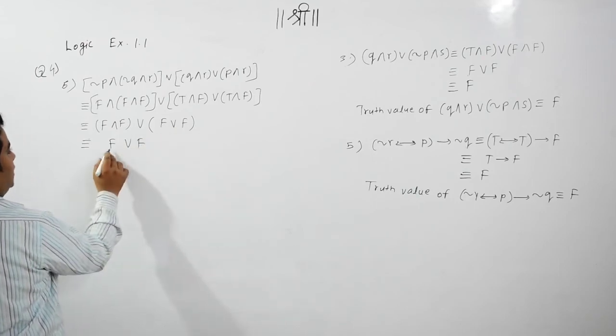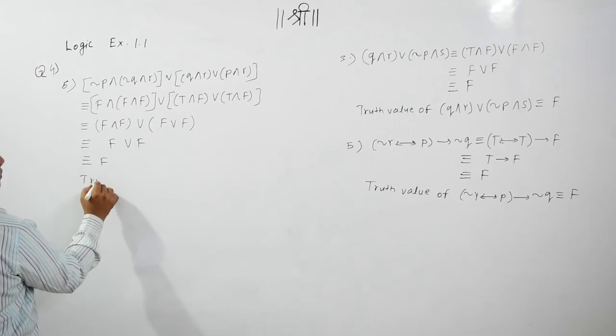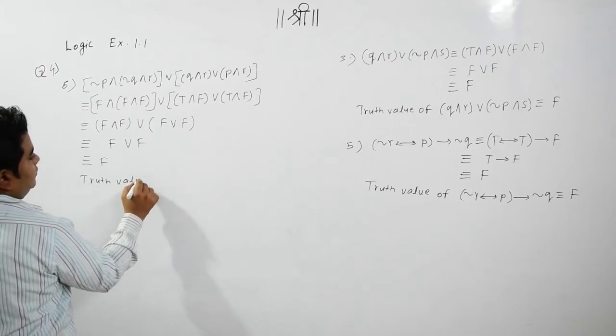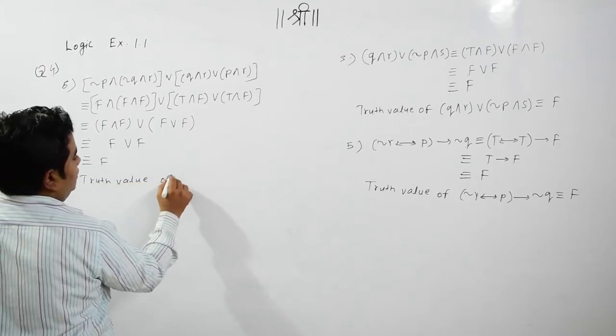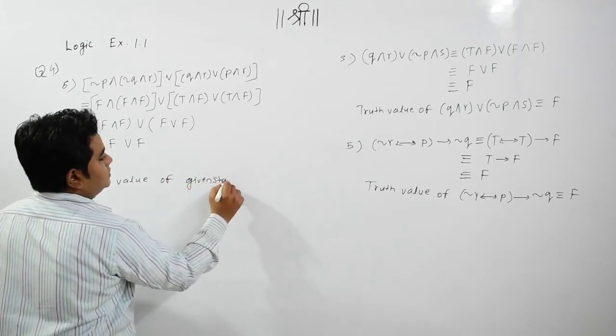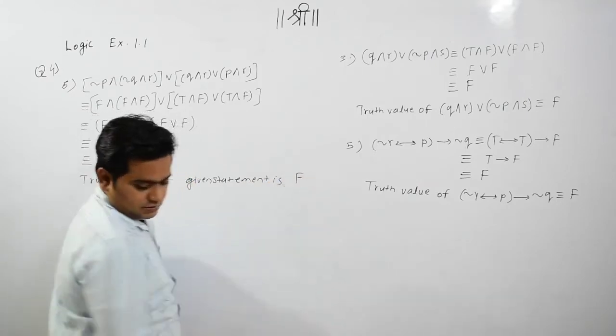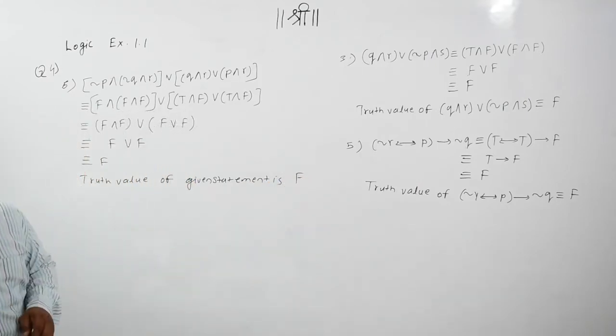So 0 plus 0 is again F. So the truth value of the given statement is false. Hope you are getting this question.